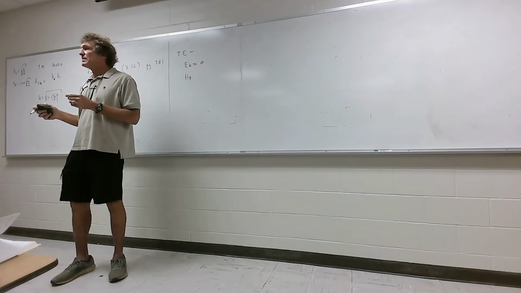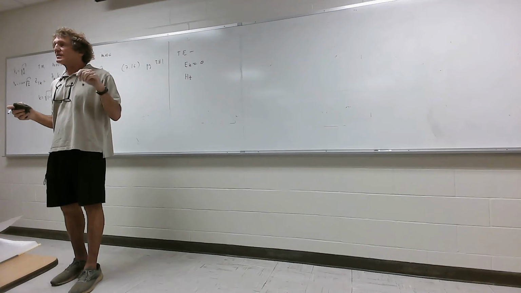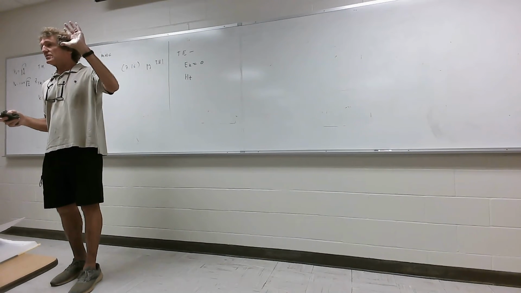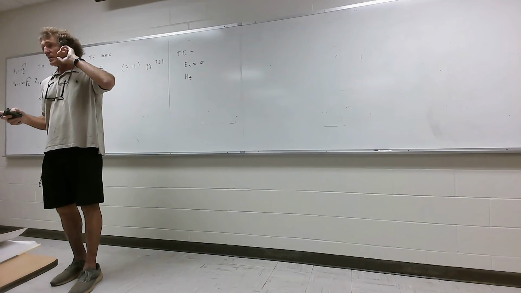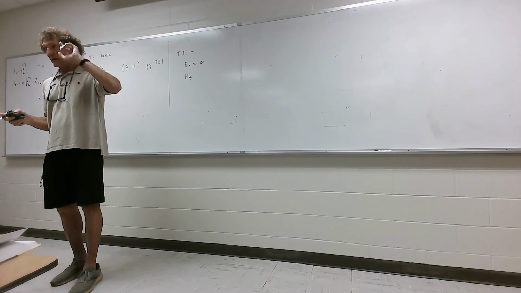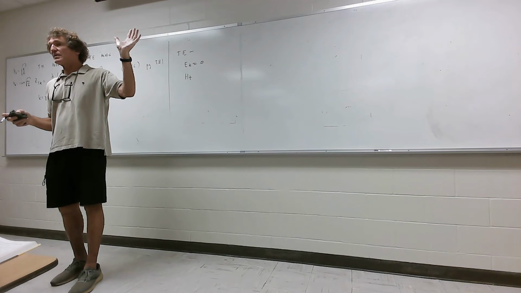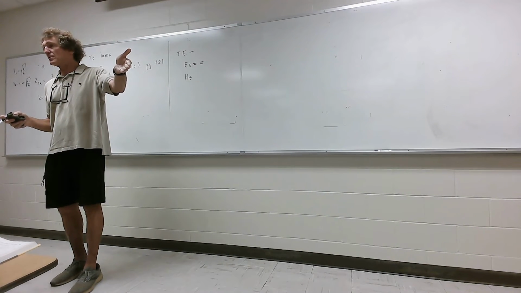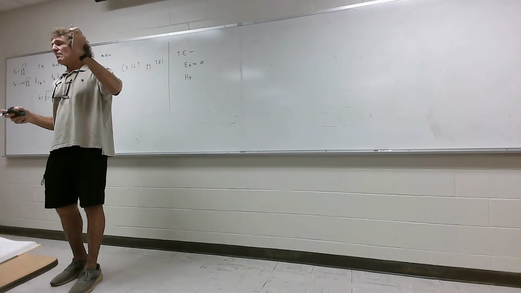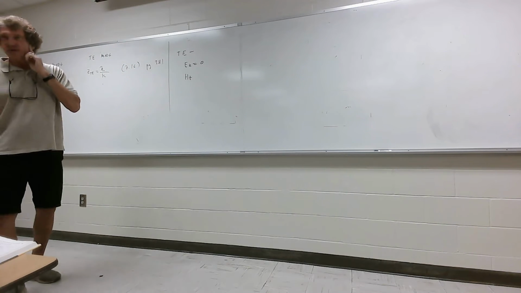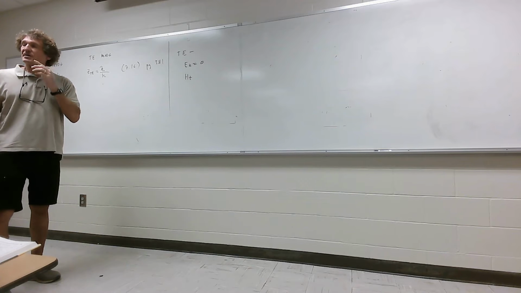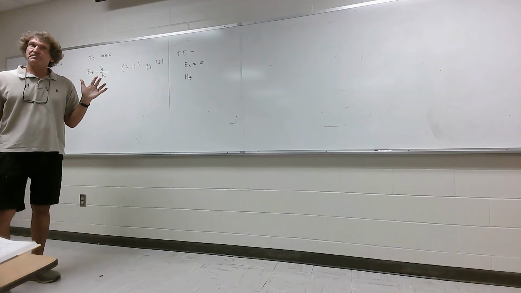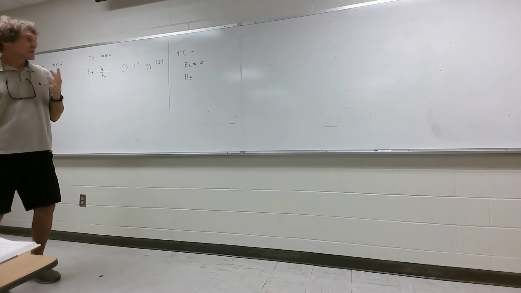How many people actually read the book in this area where we talk about TE and TM? Okay. If you read it, congratulations, you're way ahead of the game. How many tried the problems that I gave you? Okay, if you tried them, some of the stuff is a bit confusing because you had to go back to the chapter and see what they're referring to. Please try to keep up with this because this particular stuff can get very confusing very quick if you don't stay on top of it. There's a lot of things that you really have to nail down in your understanding.